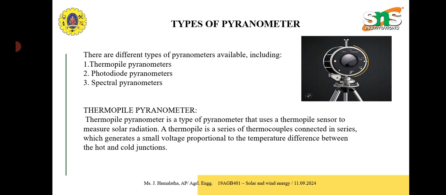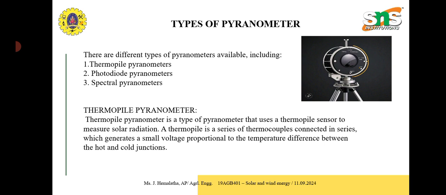The design or optical components are: radiation sensor, mounting and alignment. Pyranometers have a glass or optical dome that protects the sensor and allows the sunlight to enter. The radiation sensor is the core component that detects the solar radiation and generates a corresponding electrical signal.